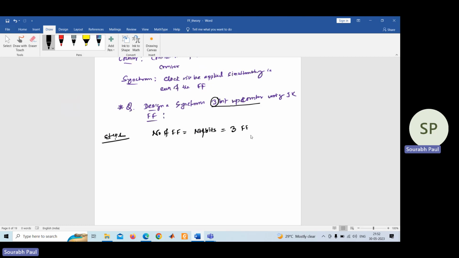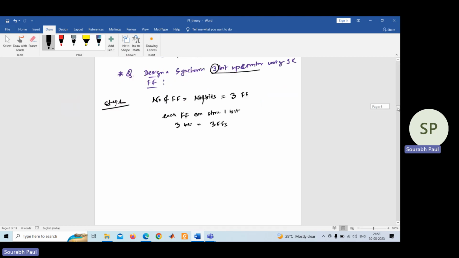I think all of you know each flip-flop can store 1 bit. So as you have a 3-bit up counter, in order to store 3 bits, you have to use 3 flip-flops. So that's why the number of flip-flops should be 3 to design the counter.